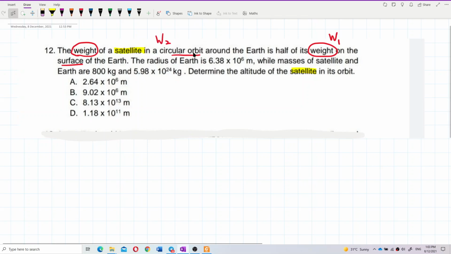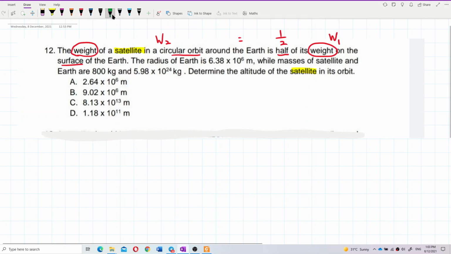So we have two conditions here. He said the weight of the satellite at the orbit is half of the weight on the surface.